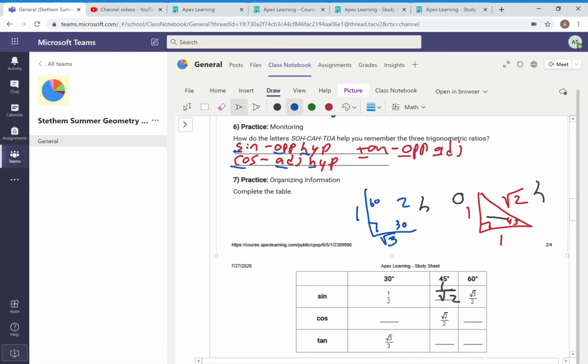And then 60, and this is a little weird. We still have a triangle. What they did here is they flipped it. So now it does depend on what angle you have, which is a good thing about this. From 60, the square root of 3 is my opposite, but 2 is still my hypotenuse. Now let's do our cosine.